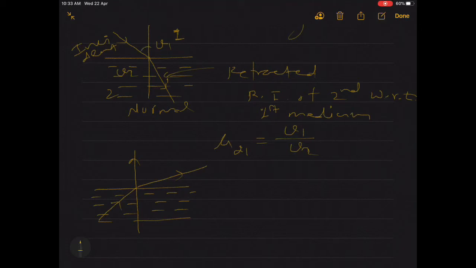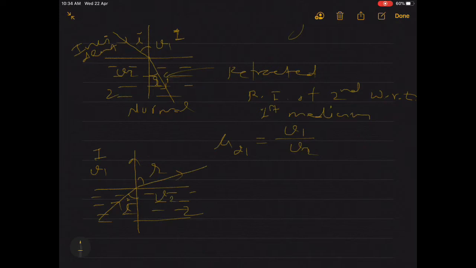These two angles are considered as the angle of incidence I and the angle of refraction R. Let the denotation remain the same. This is the first medium, this is the second medium. The speed of light in this medium is V1. The speed of light in this medium is V2.